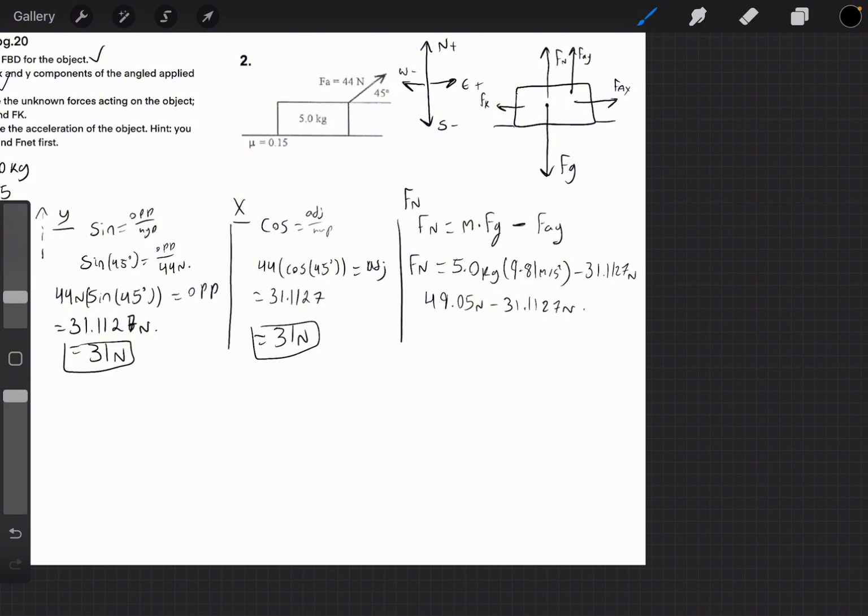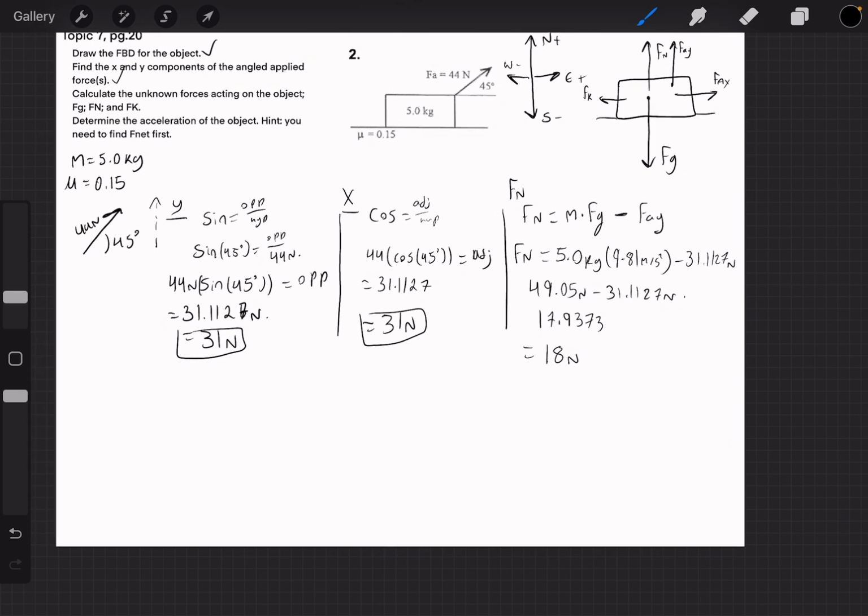I'm just going to put that in my calculator. And you should get about 17.9373, or rounded to 2 significant digits because of the 5.0 kilograms, 18 newtons up. Perfect.